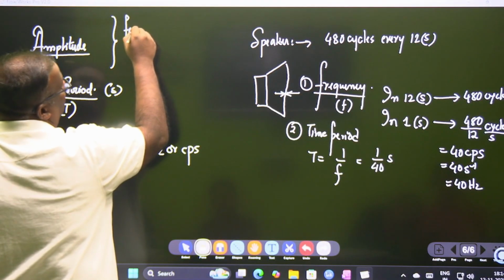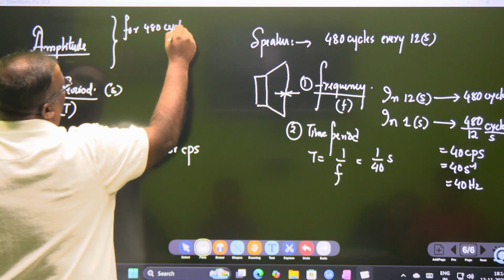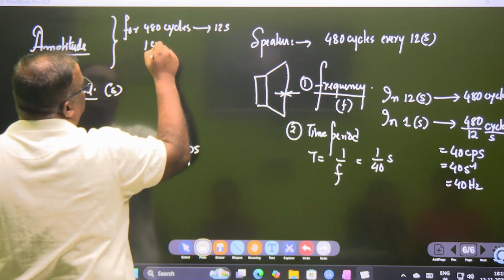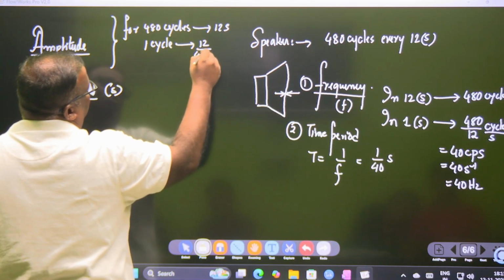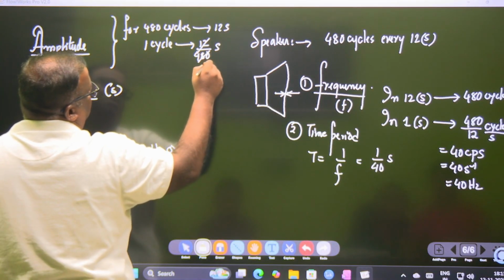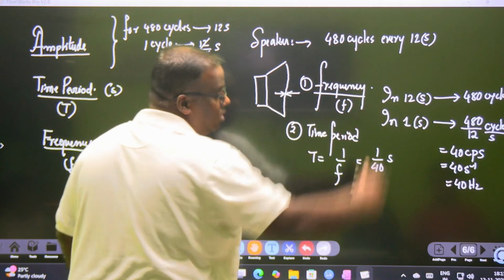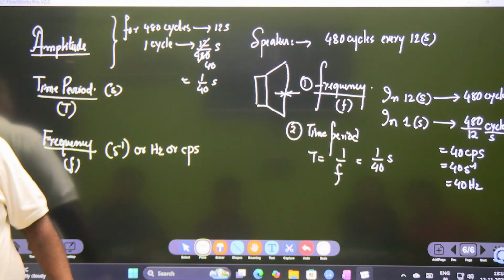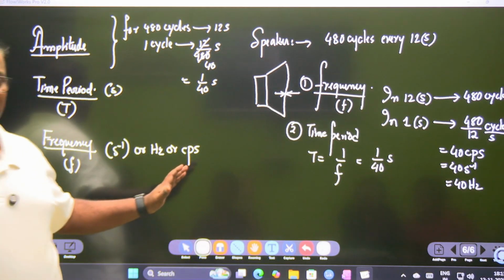For 480 cycles, how much time did you take? 12 seconds. For one cycle, you will take 12 by 480 seconds. So this is 1 by 40. You can do this. Then frequency, you can just swap it up. Clear? This concludes our basics.